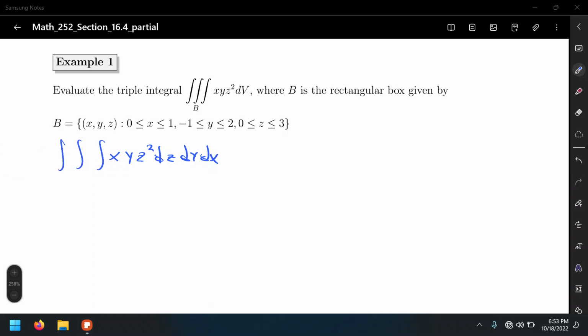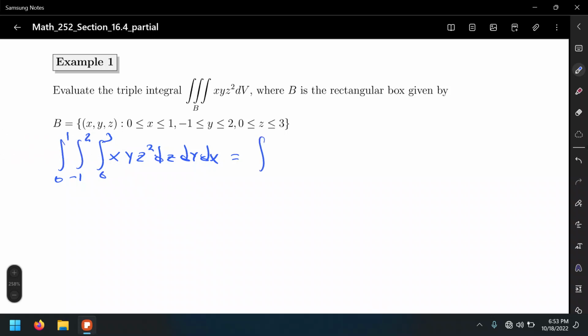The limits with respect to z, that's from 0 to 3. The limits with respect to y, that's from -1 to 2. And the limits with respect to x, which is from 0 to 1. All right, so let's just go about the integration. We're going to integrate with respect to z.